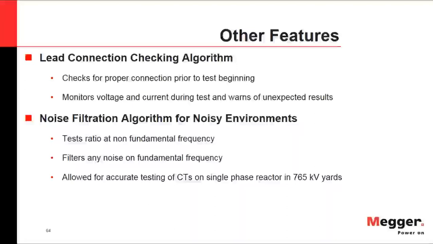Everything else in your substation is energized. So you cannot control the noise from the substation. One of the big challenges that we have to face is to overcome the effect of this noise. And now, necessary filters and filtering algorithms have been implemented in the MRCT to minimize the effect and be able to test even BCTs on reactors in 765 kV yards.